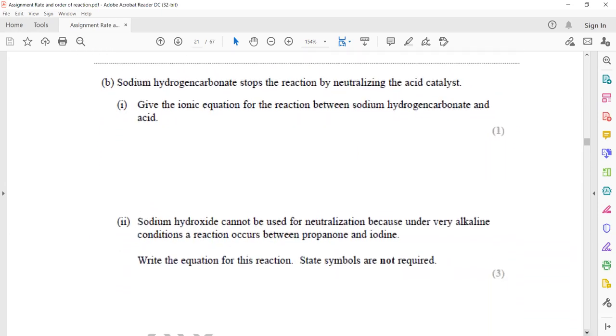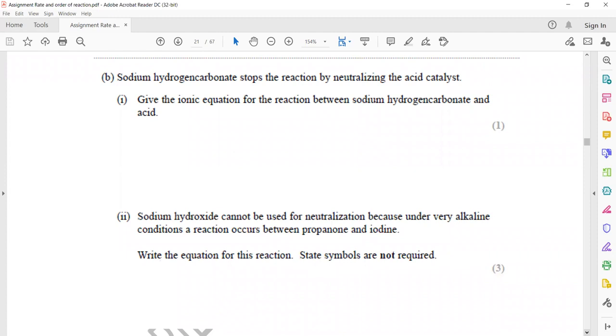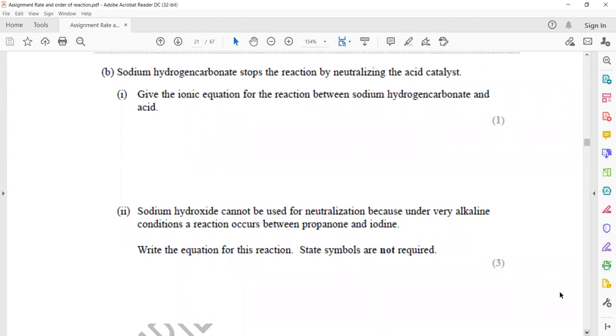Then sodium hydrogen carbonate stops the reaction by neutralizing the acid catalyst. Write an ionic equation for the reaction between sodium hydrogen carbonate and the acid. Acid means the H plus ion is there, and we need an ionic equation.